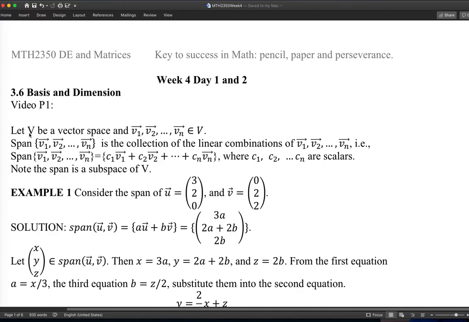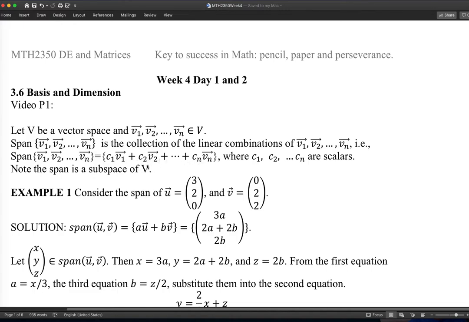A linear combination of vectors V1, V2, all the way to Vn, is a vector generated by taking a constant multiple of each vector and adding them together, the sum of the constant multiples of those vectors.